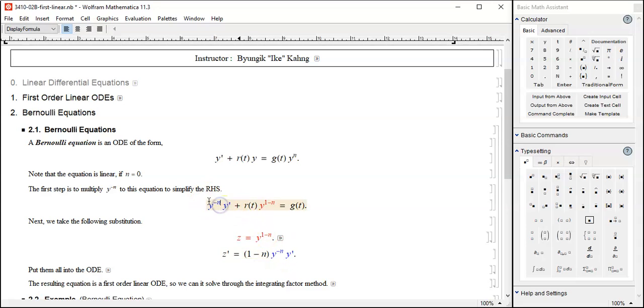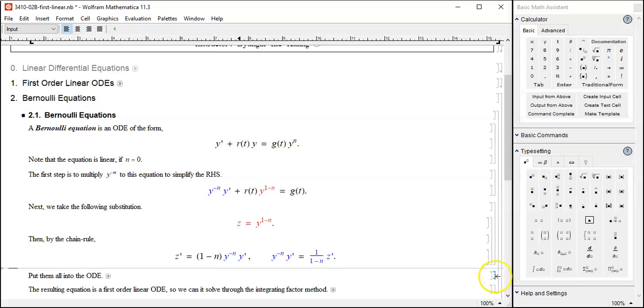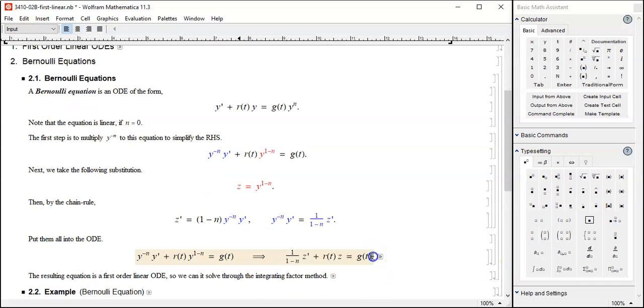Yes, it's right here. Here's the detail. If you take the derivative, you get this y to the negative nth power times y prime, and then you can substitute that part through this, put it in, and then I'm going to get a linear differential equation of z like this.